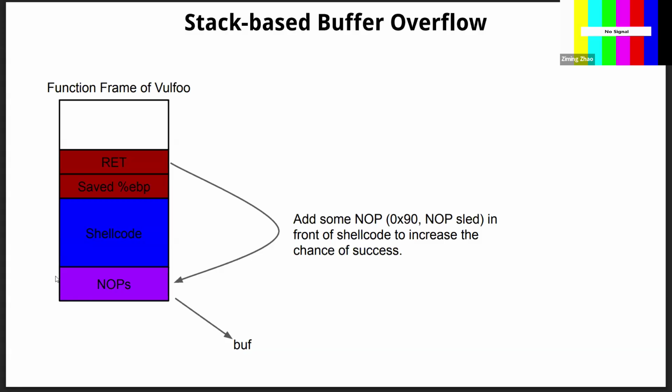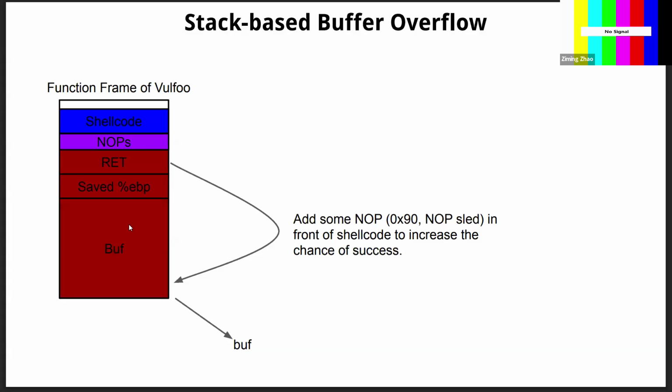So if we jump to the middle of this nop region, or we call it a nop sled, eventually we will keep executing one by one, and get to execute the shell code, right? Or we just put the shell code at a much higher address, so that we can have thousands of bytes of nops there. That makes our job much easier to guess.